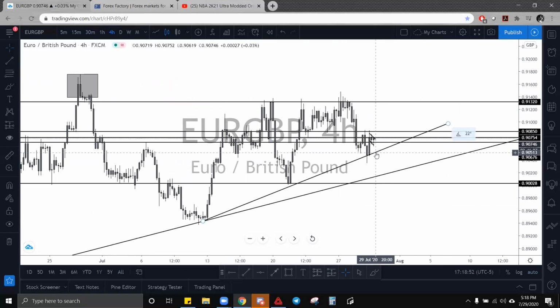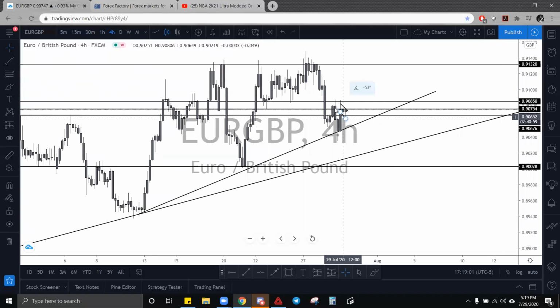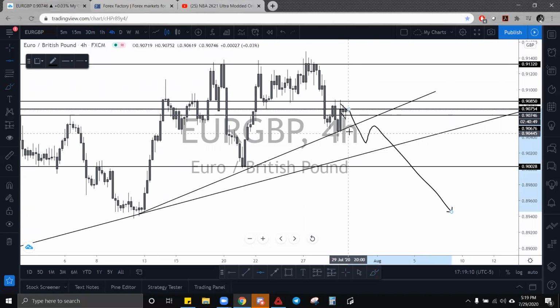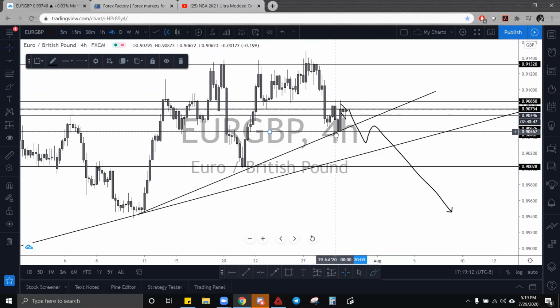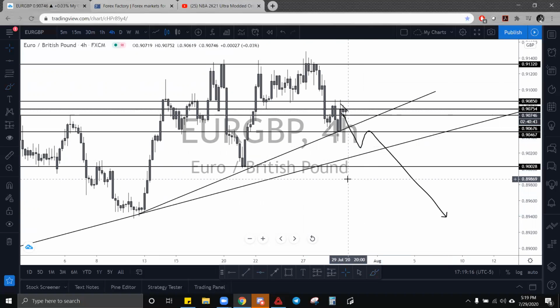You shouldn't look for shorting opportunities unless it breaks and retests this right here. So unless it comes here, breaks the trend line, and then comes to retest this level right here, it'll look something like that. I wouldn't sell.